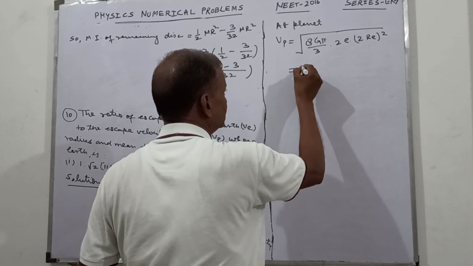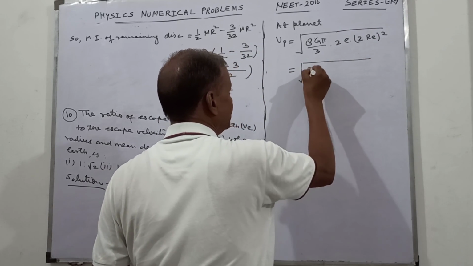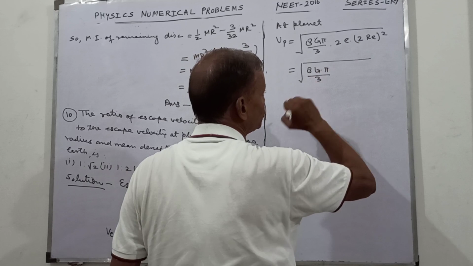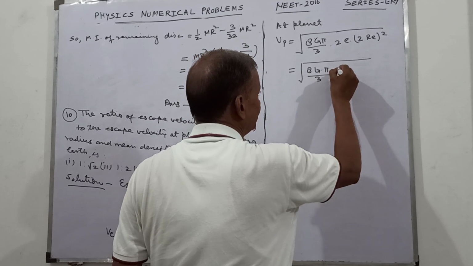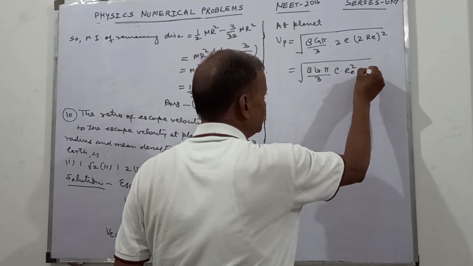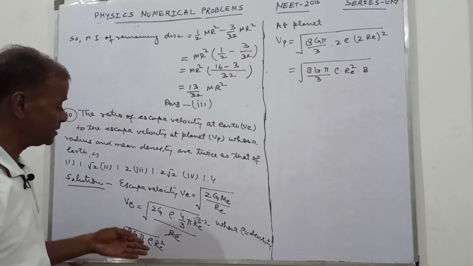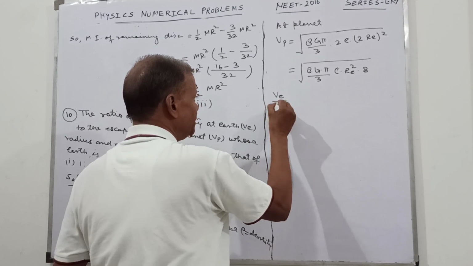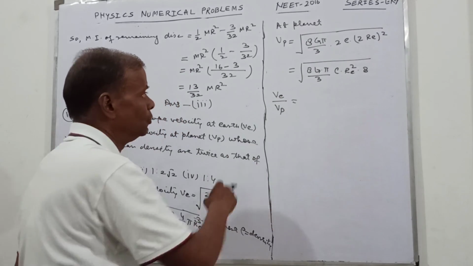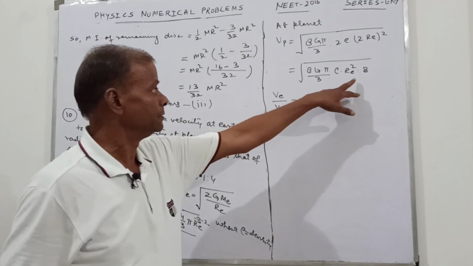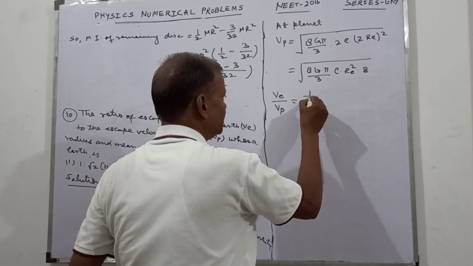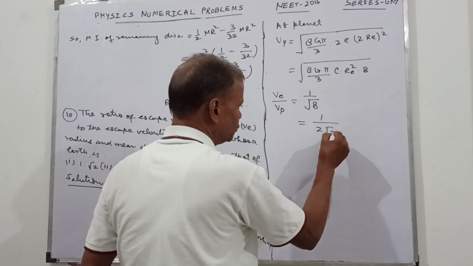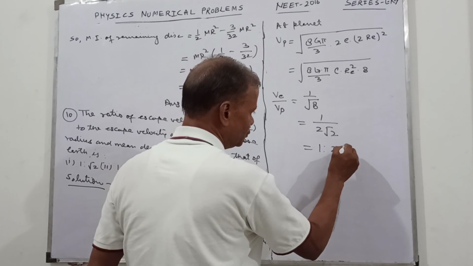So what you find is that this equals the square root of 8G pi upon 3 into rho RE square into 8. Just to find the ratio VE upon VP, all quantities will cancel, only the 8 remains. So this is 1 by square root of 8, which is 1 upon 2 root 2. This is the ratio 1 to 2 root 2.